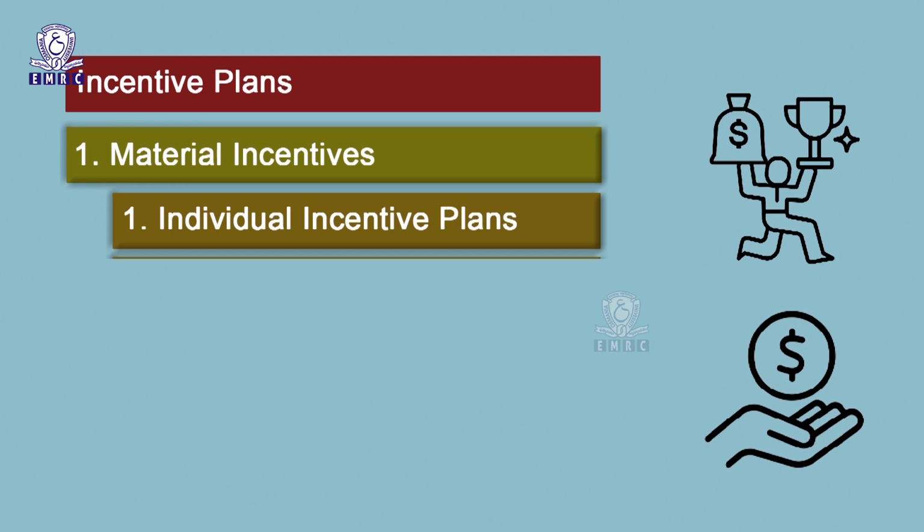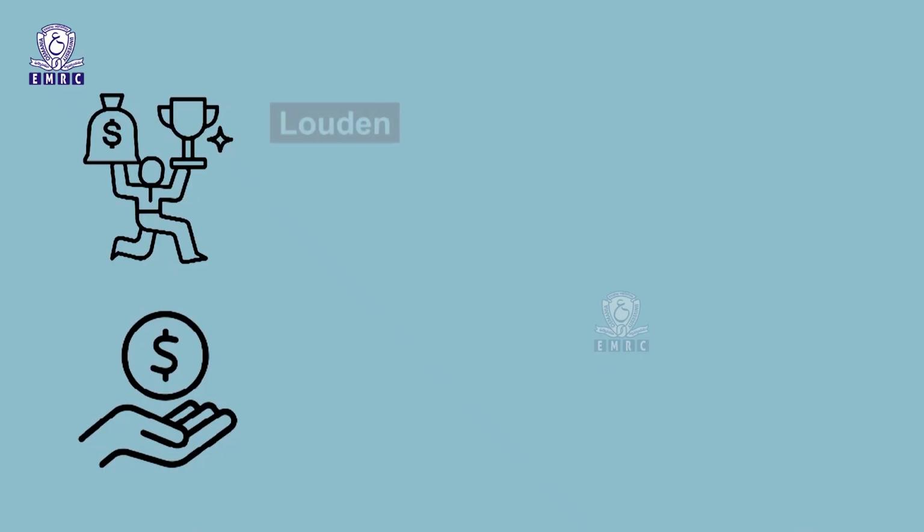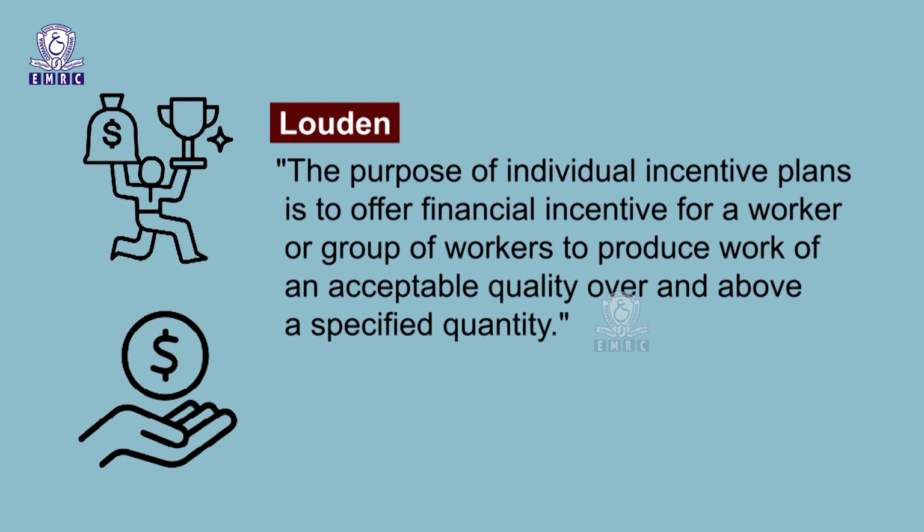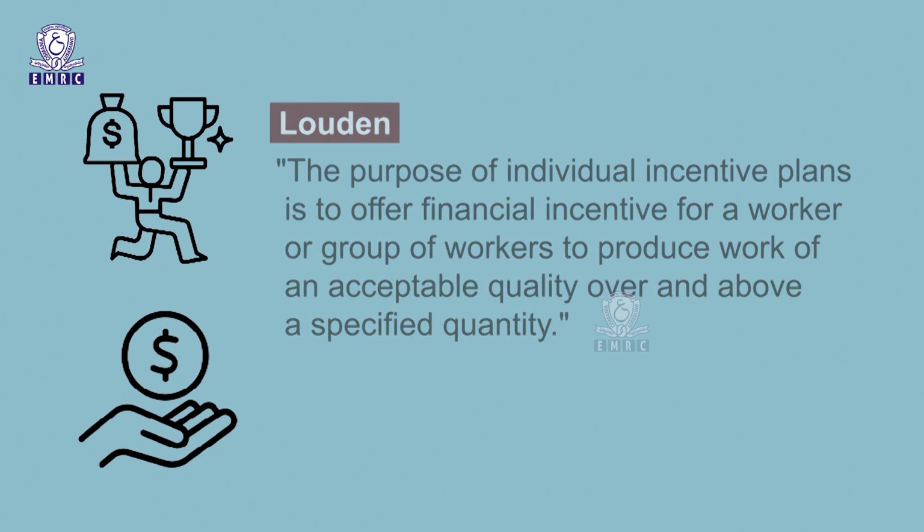These plans award individuals or groups of individuals extra payment for the extra work performed. So, in order to encourage employees, different incentive plans have been designed. According to Loudon, the purpose of an individual incentive plan is to offer financial incentive for a worker or group of workers to produce work of an acceptable quality over and above a specified quantity.